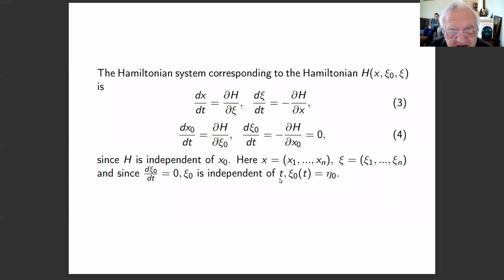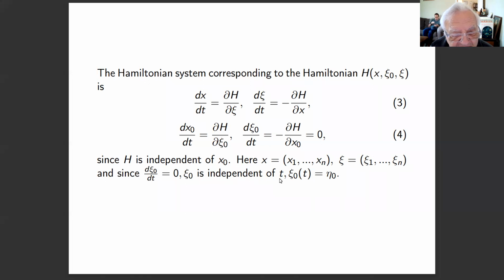So dx/dt equals dH/dxi, dxi/dt equals minus dH/dx, and for x0, dx0/dt equals dH/dxi0, and dxi0/dt equals minus dH/dx0. This is 0 because H is independent of x0.